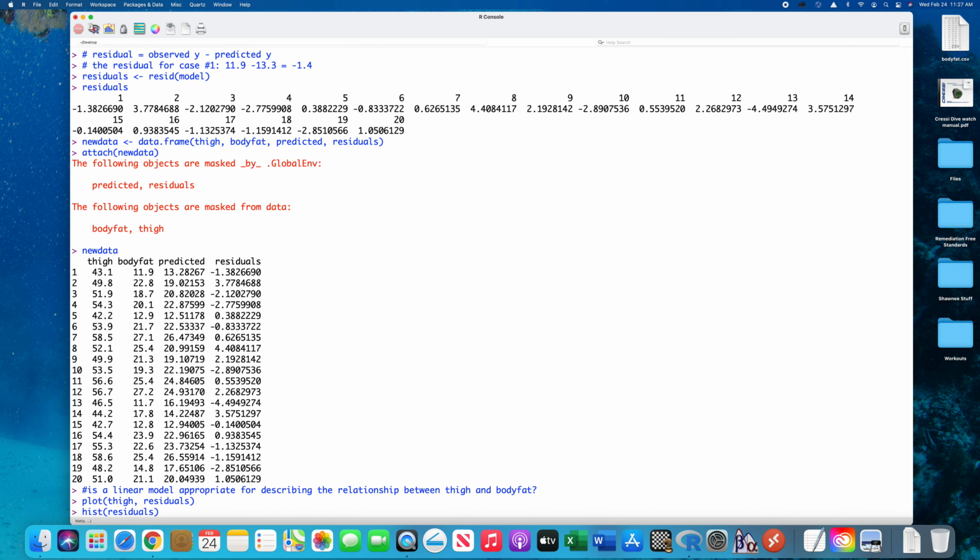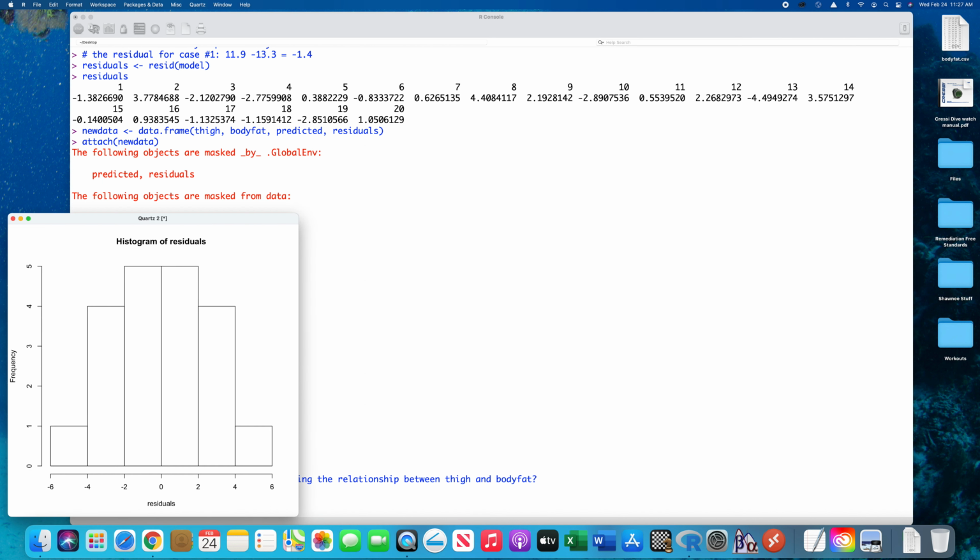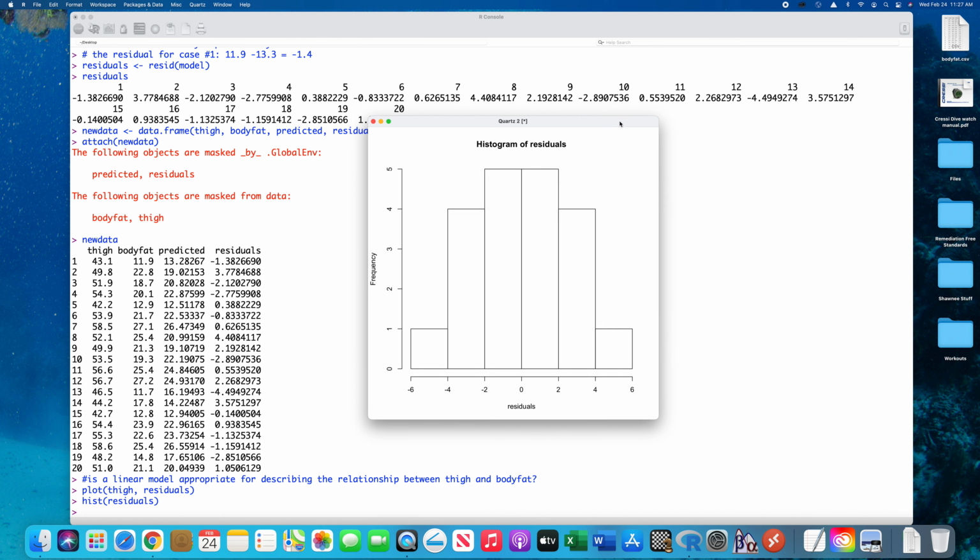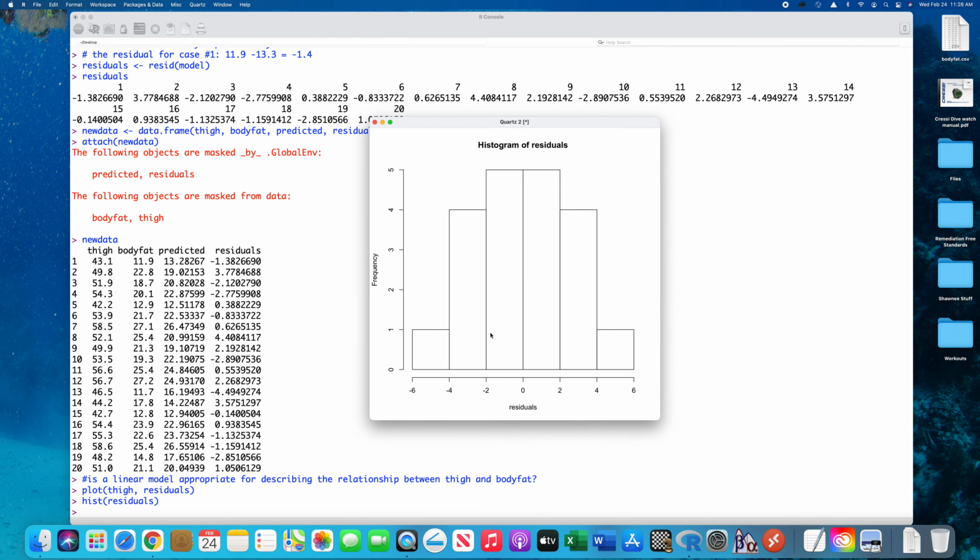So when I do the histogram of residuals, and ladies and gentlemen, this is extremely important. You should put in your notes flashing neon lights around this one. When I do a histogram of the residuals, you can see that I get a bell-shaped and symmetric distribution. It is completely, totally inappropriate to call this a normal distribution. Again, normal distributions are specific to population probability distributions. This is a sample.